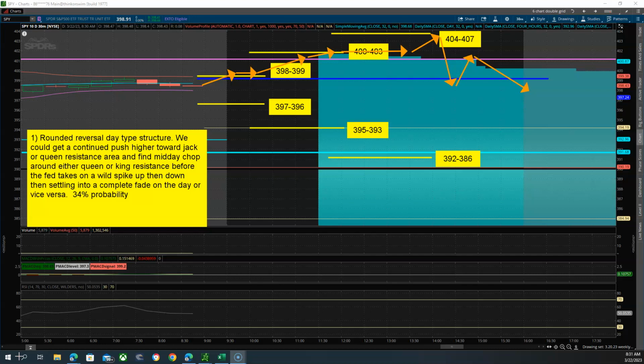And it's well known that coming into a Fed day, we could have this mindless kind of float in the morning before the actual announcement. So we could get that same mindless float up, which leads to our rounded reversal day type structure. We get that continued push higher toward the Jack or Queen resistance area.